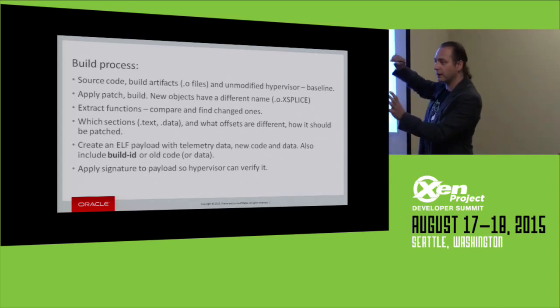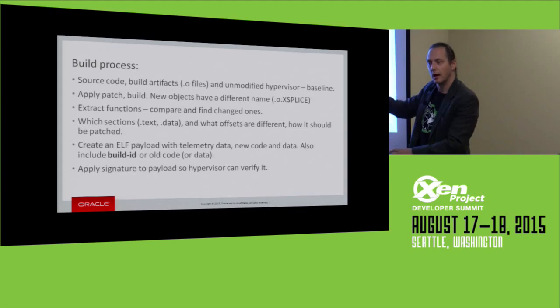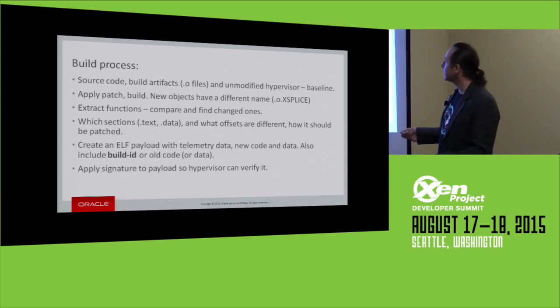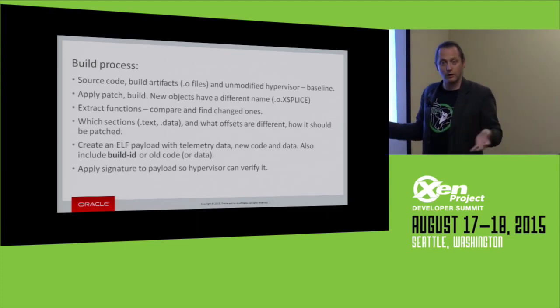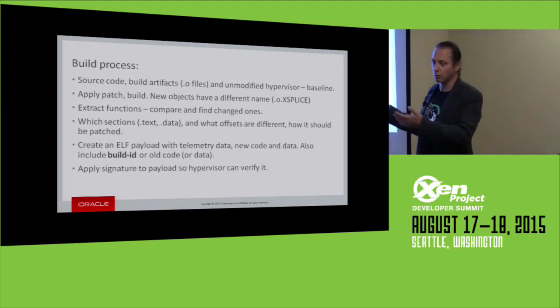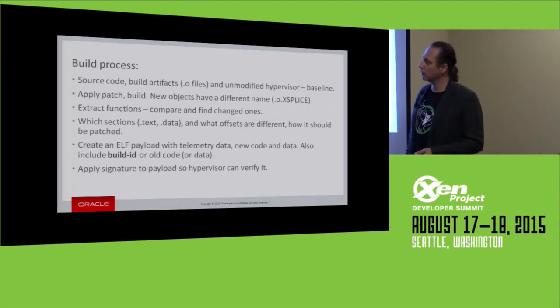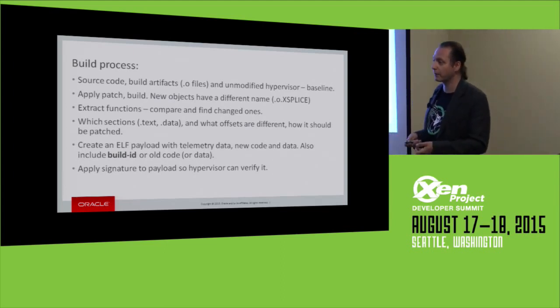Then you take the functions that were generated and compare them to see which ones changed, and based on that you figure out the offsets and so forth. Then you have all this information, and you build a payload, and then you apply a signature, because you don't want somebody else's payload or binary blob to be applied to just any hypervisor. You need a way to verify that it comes from the trusted party.